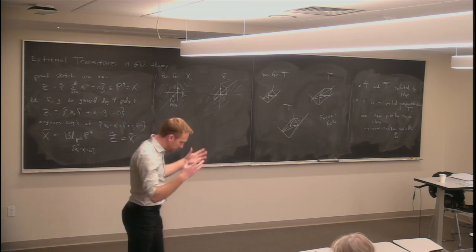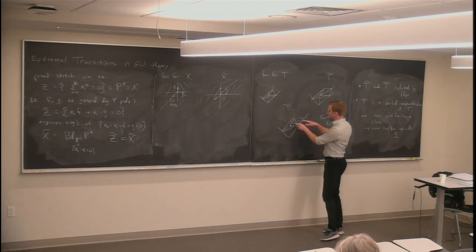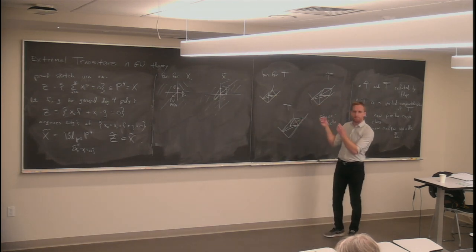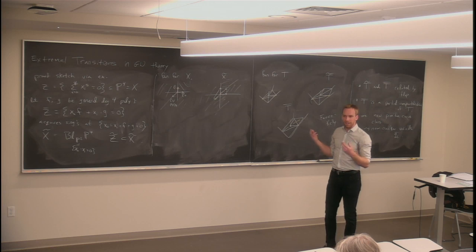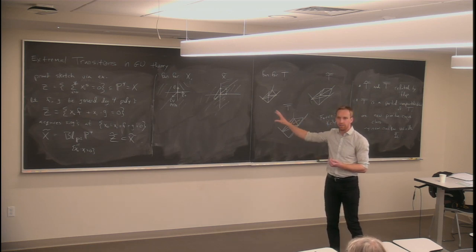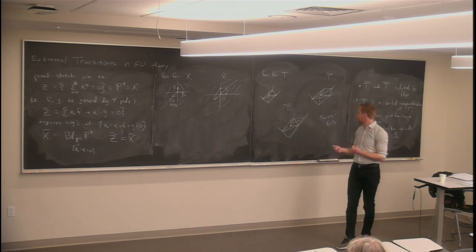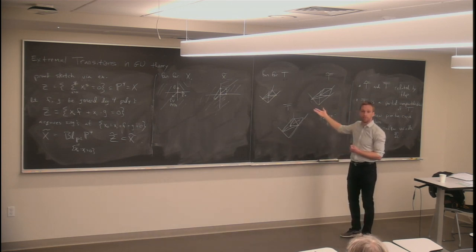You're taking the secondary fan and looking at a curve connecting two of these zero loci, and so that's going to be a P1. Rongxiao can correct me if I'm wrong, but I think his examples fall under this general setup, so one answer could be that it's coming from something toric.